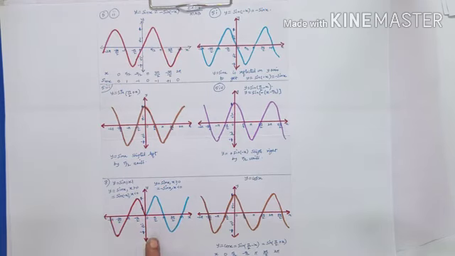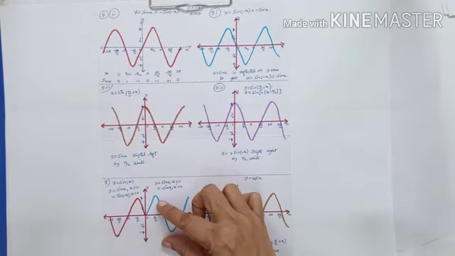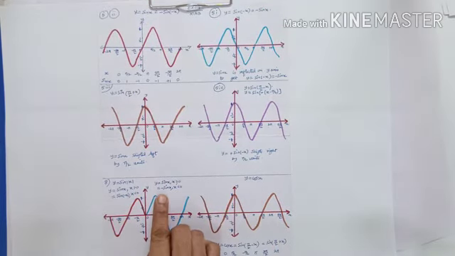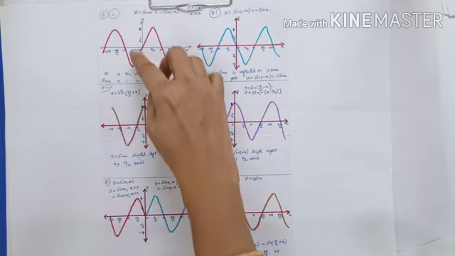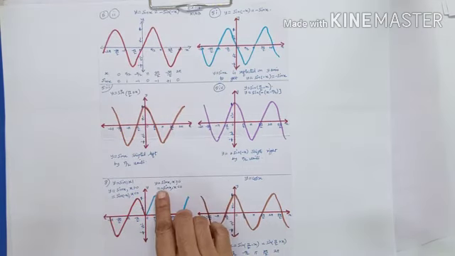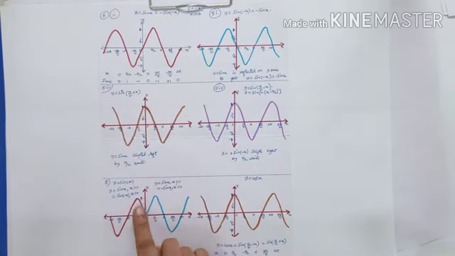The eighth one, sine mod x. We remember sine mod x will be sin x when x is positive. So the same old diagram like this will come. And it is minus sin x when x is negative. So this is reflected like this. So here also, this was down, but because I change the symbol, this will go up.